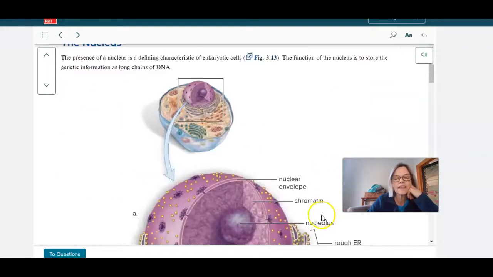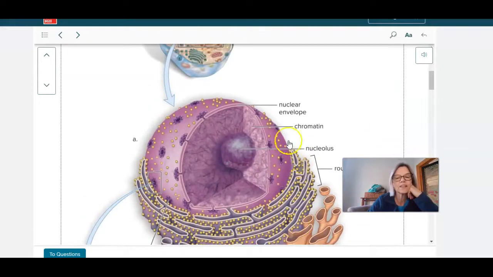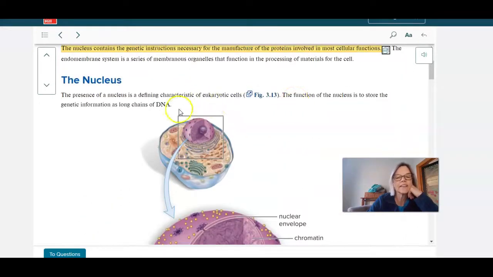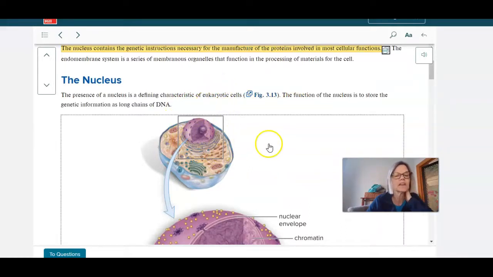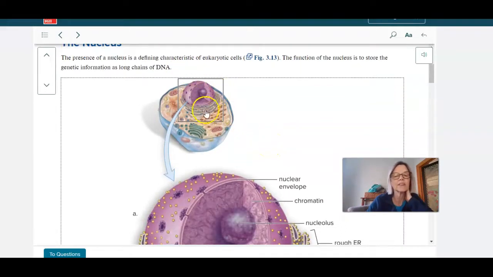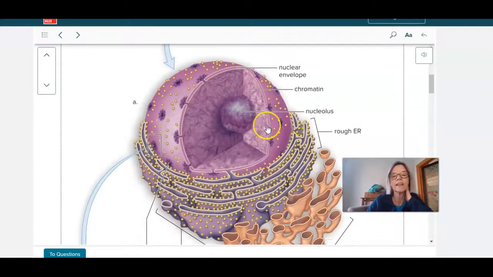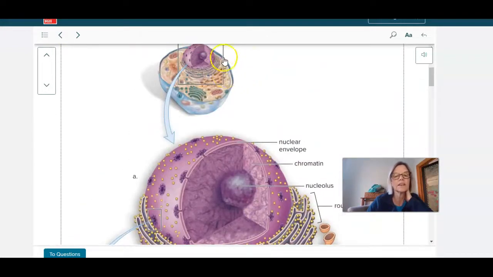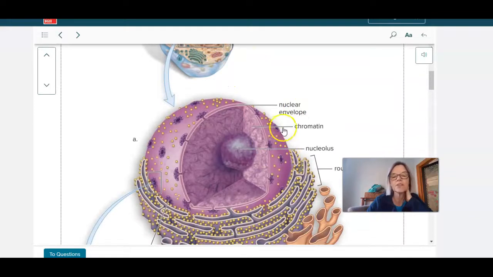So all that DNA is in the nucleus of the cell. Here we're talking about eukaryotic cells like human cells. In this picture, in the enlargement of the nucleus, you can see this thread-like stuff.